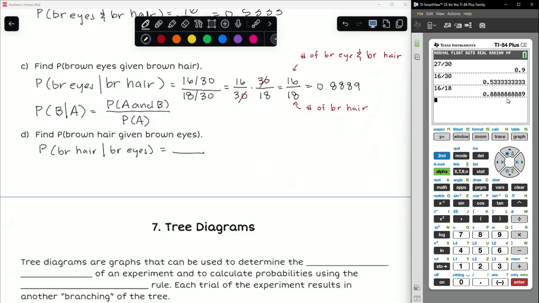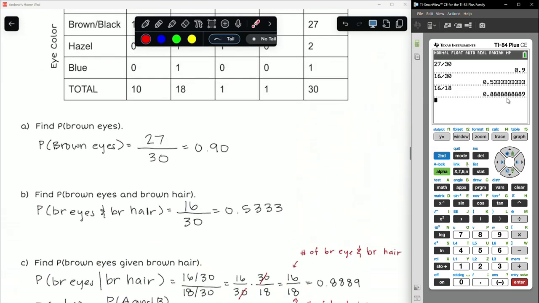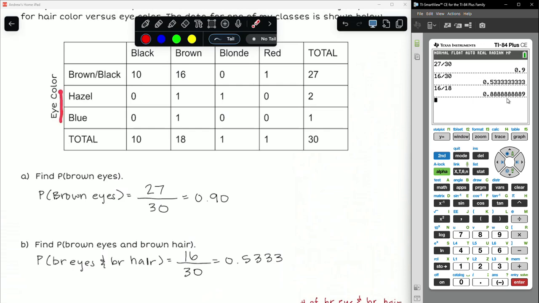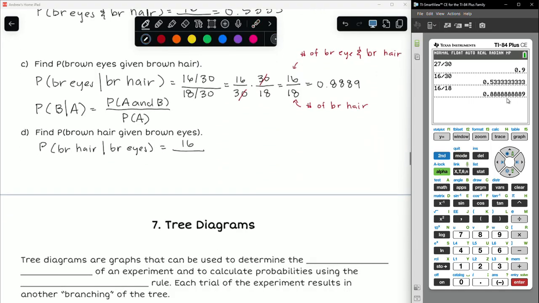I know the top should be the probability of both, which we have from before. There are 16 students with brown hair and brown eyes. I need to know the number of students with brown eyes. So I go back up to my table, eye color, here is my brown row. 27 students have brown eyes. So the bottom of this fraction would be 27. And we get 16 divided by 27, which is 0.5926.